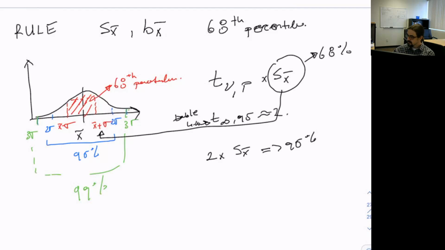Therefore, when you calculate your standard error or standard deviation based on the random error, you can assume that's at the 68 percentile.